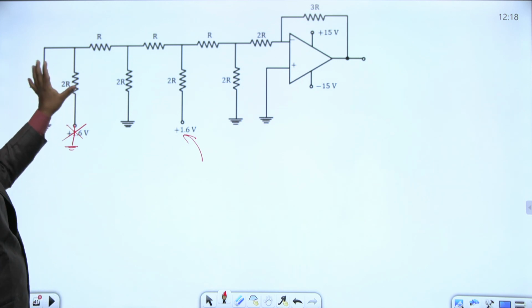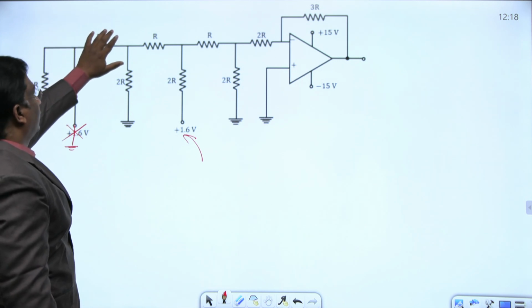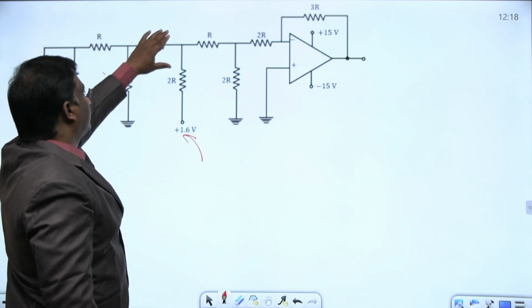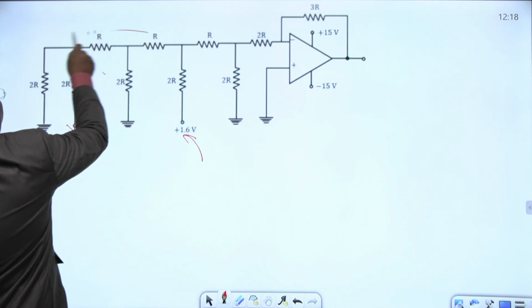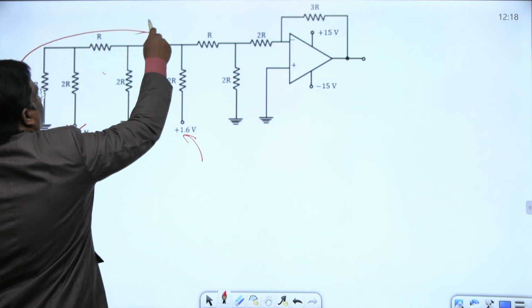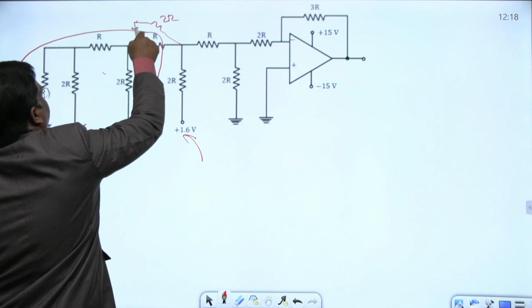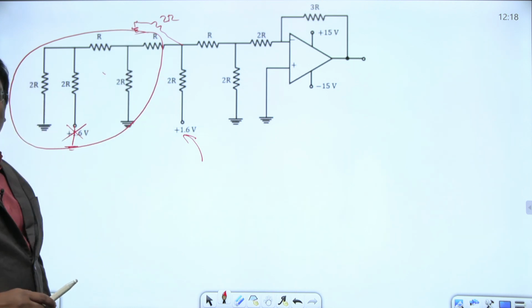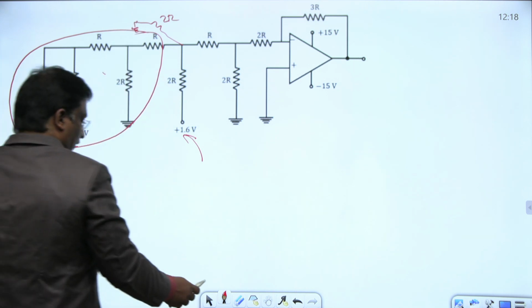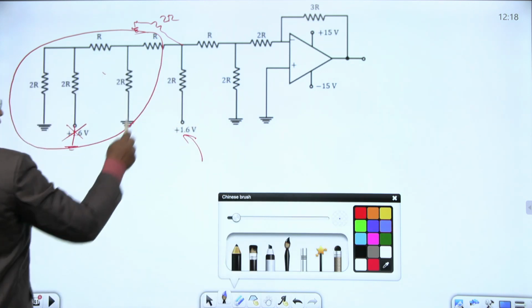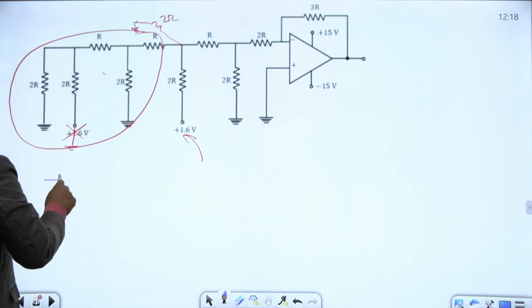Parallel, R, this R series 2R, again this 2R parallel, R again series, 2R. Up to here this network, this resistance is 2R with respect to ground. Let us start again, the same way we did previously. Right now, I am interchanging here.